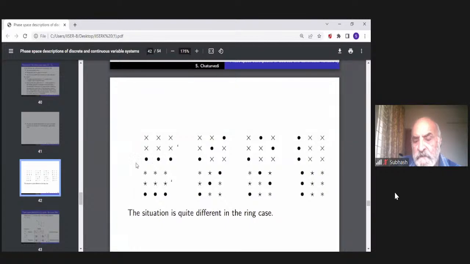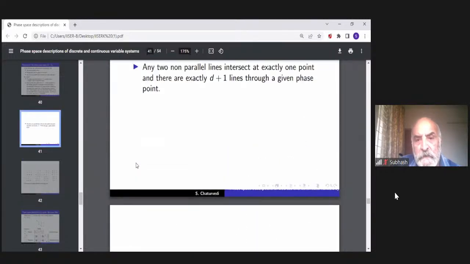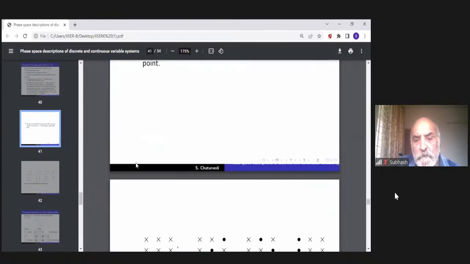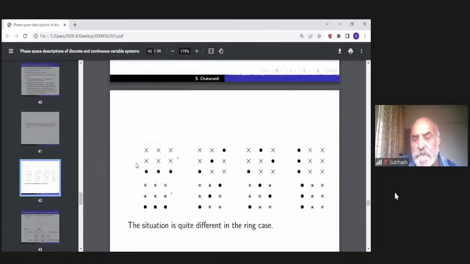Here in this case, let me go back a bit. I'm sure that all of you must have at some stage come across mutually unbiased bases.